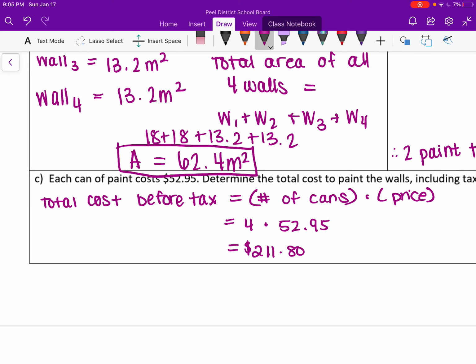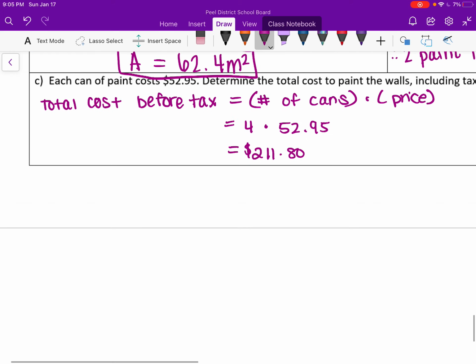211.80 dollars, right. And then I want to find out, all right, how much is it going to cost after tax? So if I want to find the total tax, and this is the 2-step way if you want to do it, total tax is going to be 211.80. We pay 13% tax in Ontario, so you'd multiply it by 0.13.